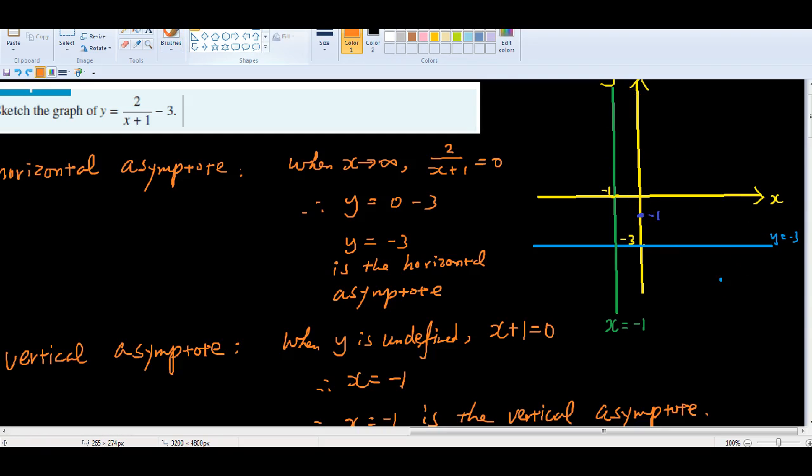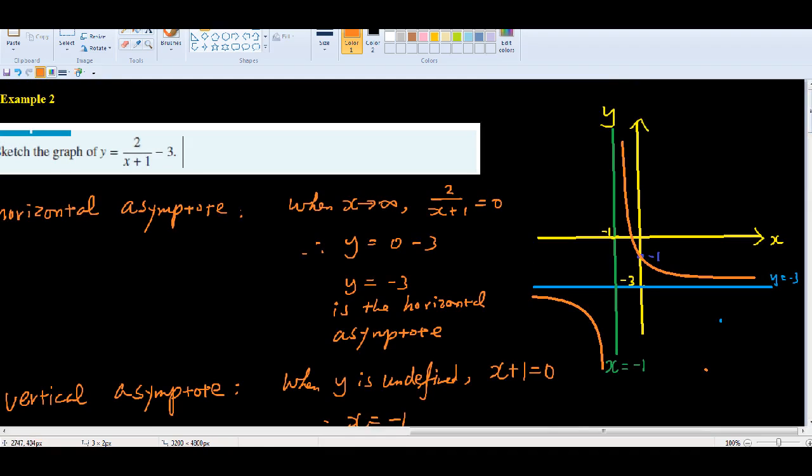Sorry, I used a different color. So possibly there'll be one way to draw it, and there's another way. So you see, the orange curve will be the answer.